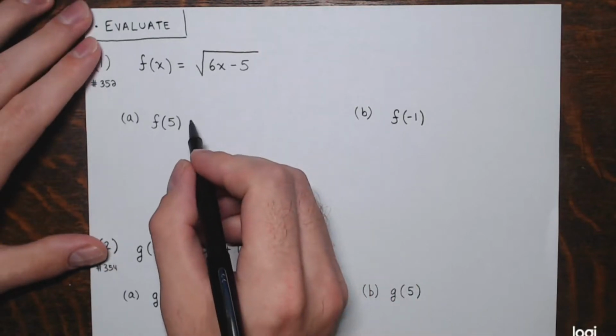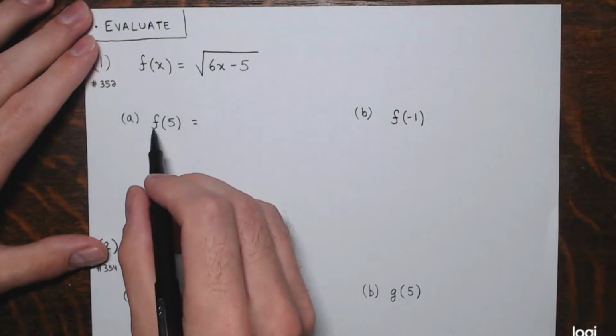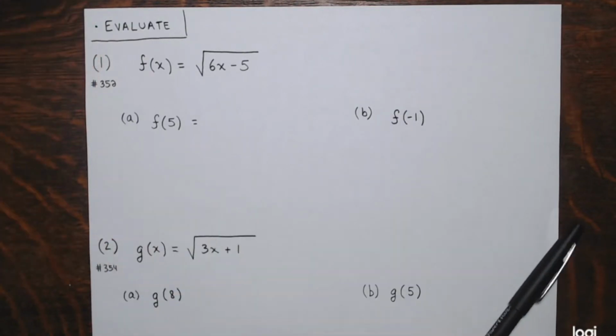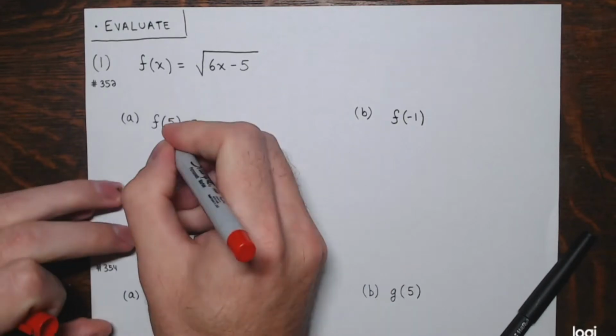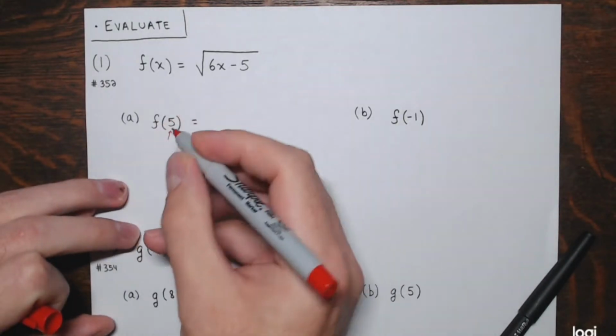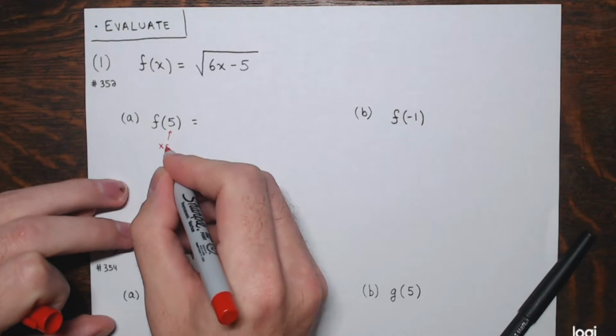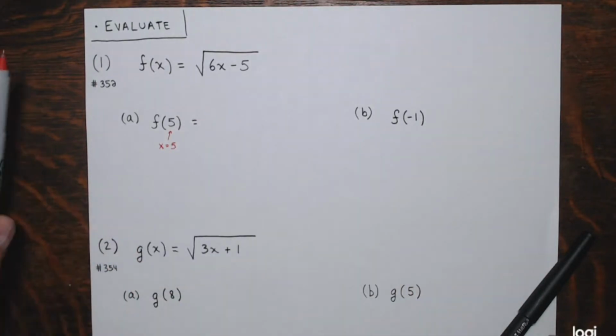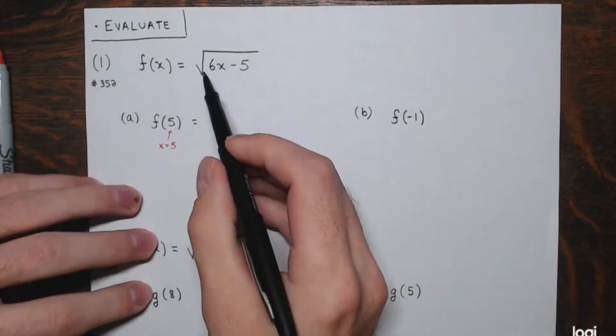Alright, so for part A, we're asked to evaluate the function f at x equals 5. Alright, this is replacing x, right? You replace x with 5. The input is 5. So I do that in the rule here.